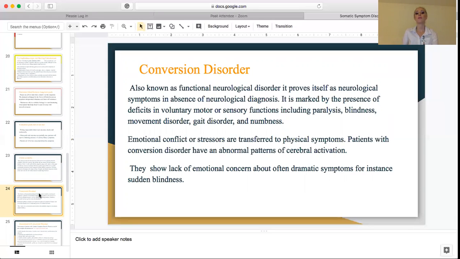So emotional conflict or stressors are transferred to physical symptoms. Patients with conversion disorder have abnormal patterns of cerebral activation, and they show lack of emotional concern about often dramatic symptoms, for instance, sudden blindness.